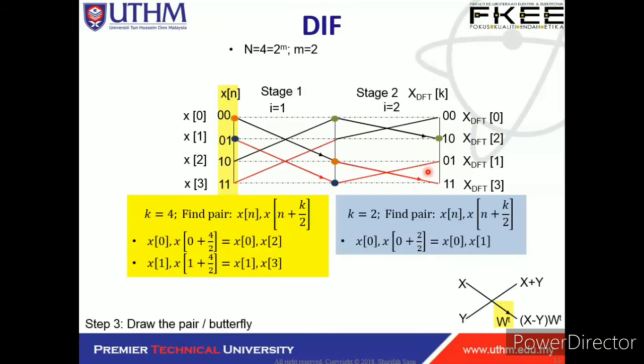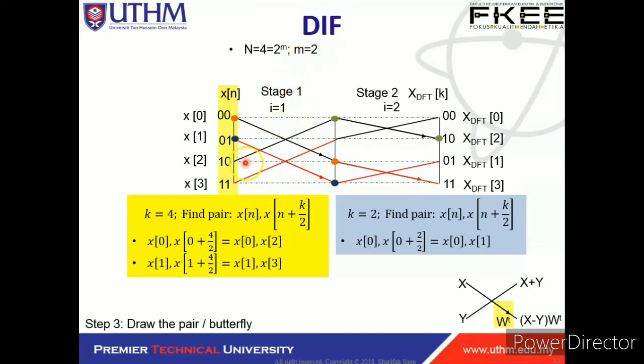Next step is we find the pair. For finding the pair, the important value is the k. At the DIF we will use k equals 2 to the power of stages, the number of stages.